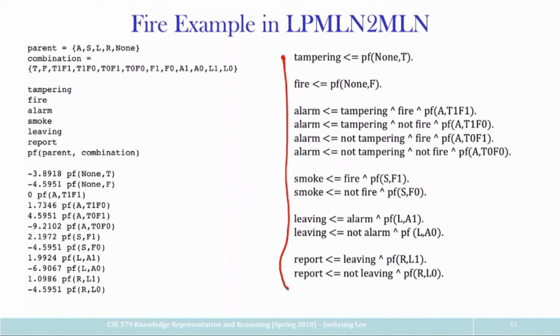But there's some computational bottleneck, so that's a bit of a problem for now. But there's another translation where we turn LPMLN into ASP. Then we actually don't have that issue. We can use an ASP solver directly, which already handles non-tight programs. Okay, so that's what we are going to cover next class.